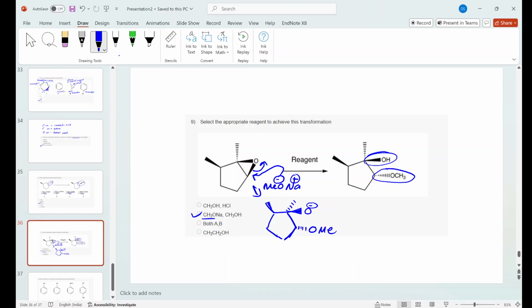Me, and you have this OH. Okay, this can give some proton so that you will get to your product. This is a base assisted epoxide ring opening.